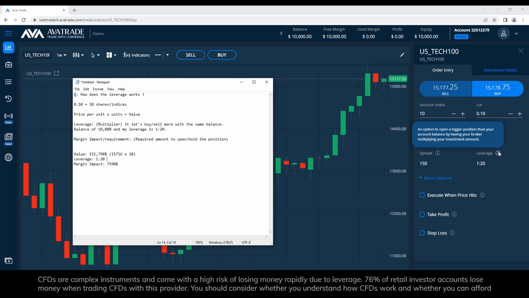An option to open a bigger position than your account balance by having your broker multiplying your investment amount. Okay, if I just read what is in the light blue bubble-ish thing here, that explains exactly why. If I multiply it, I can just divide the value by what I multiplied with.